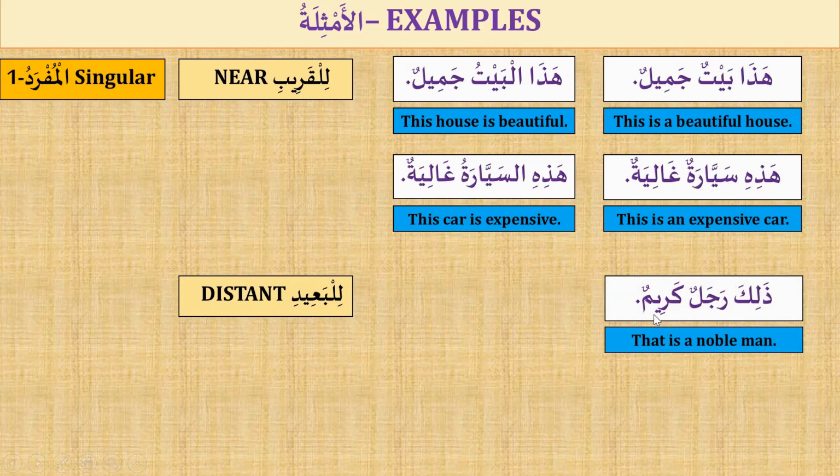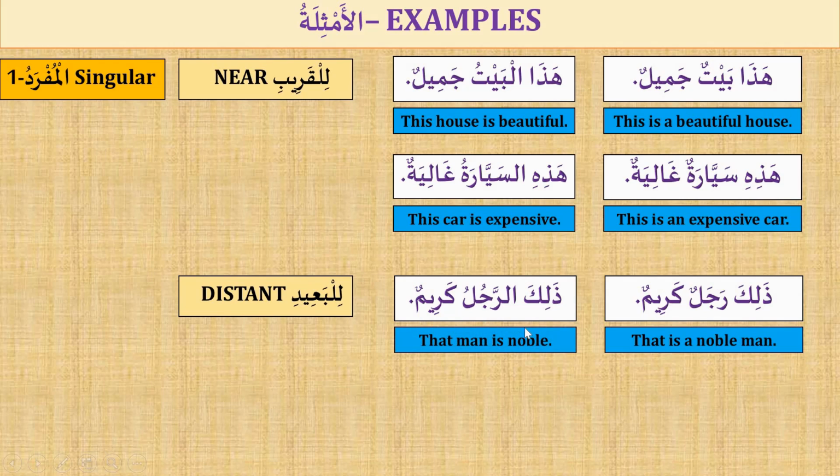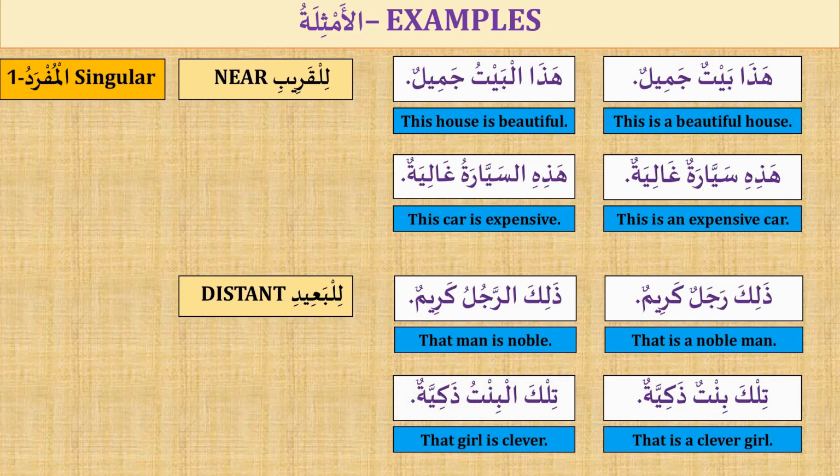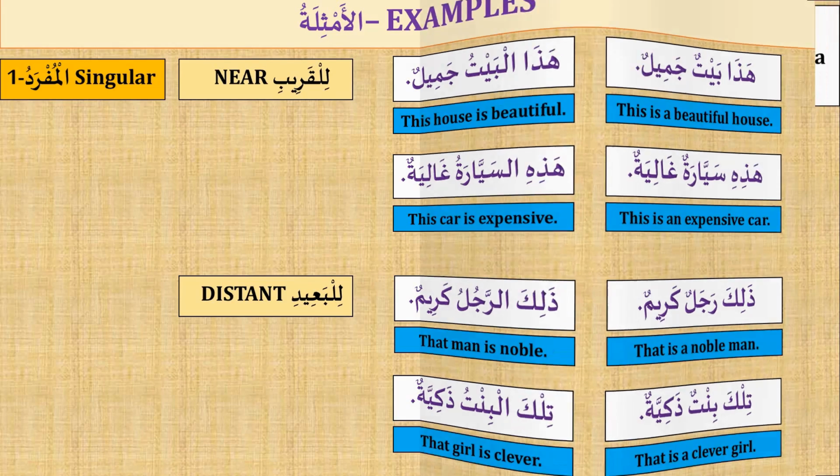That is a nobleman. And ذلك الرجل كريم. That man is noble. For feminine, تلك بنت ذكية. That is a clever girl. And تلك البنت ذكية. That girl is clever.